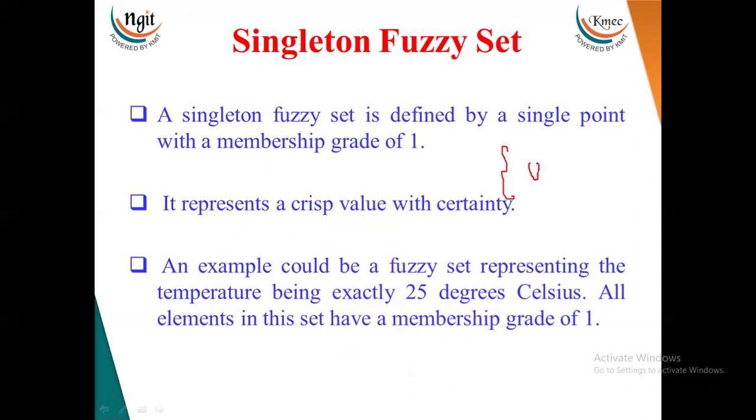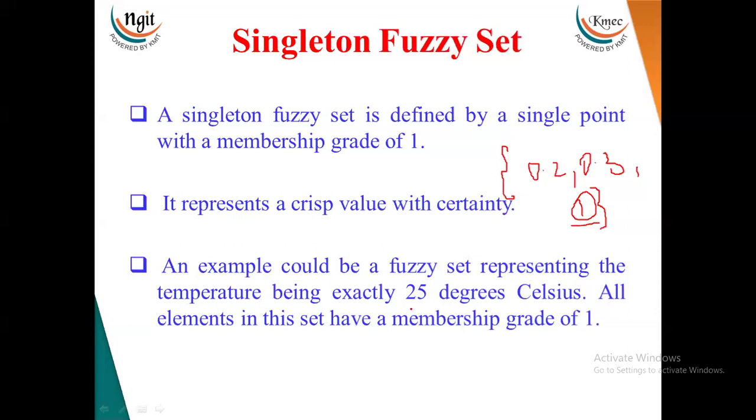I have the membership values, not writing the x values: 0.2, 0.3, and 0.1. What is this set called? Singleton. Why? Because I have only one core value. If I have one more core value, then it is not a singleton.